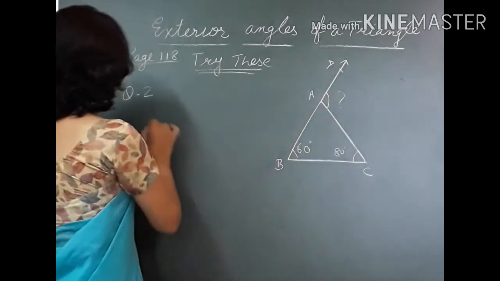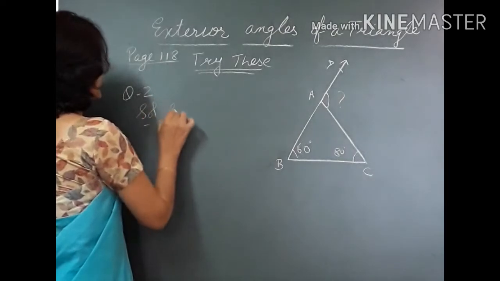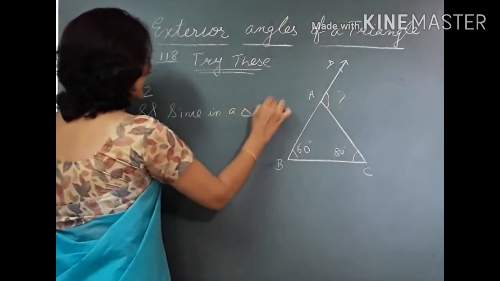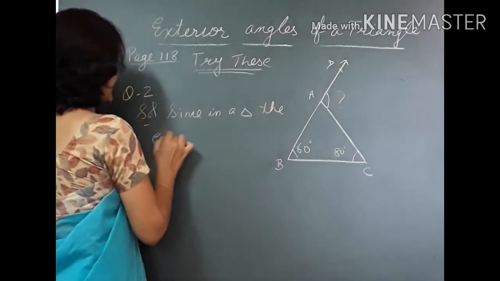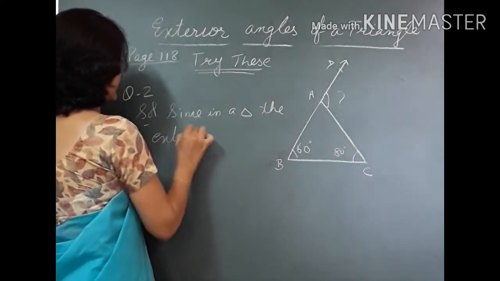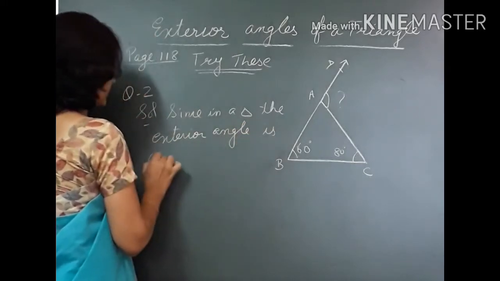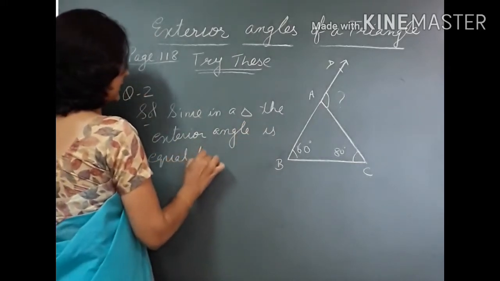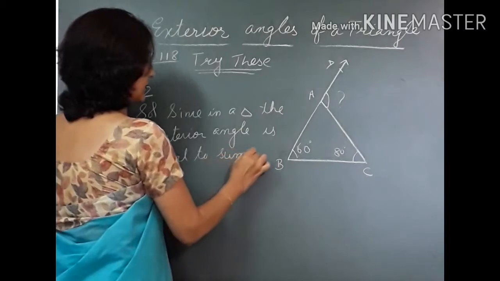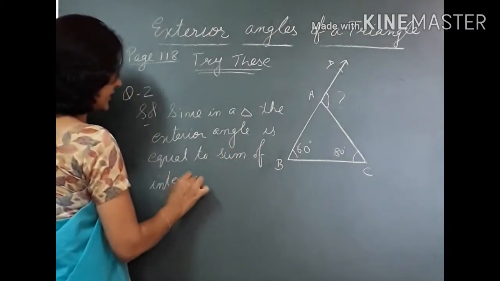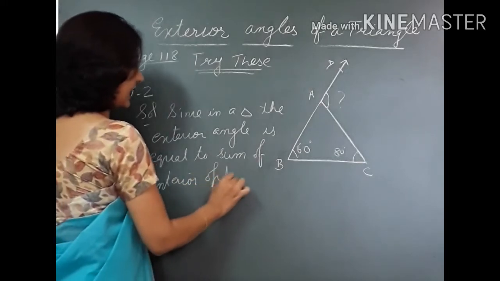So again, what will you do in the solution? You will write the property: since in a triangle the exterior angle is equal to the sum of interior opposite angles.